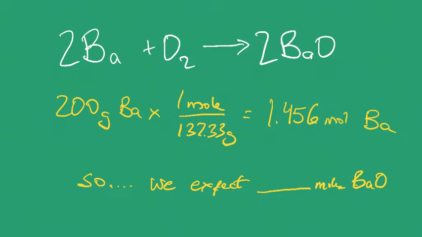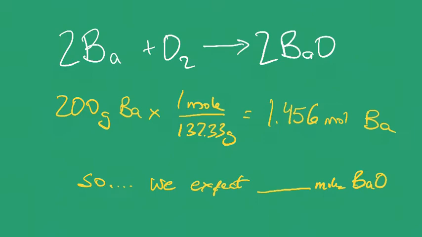If we take the 200 and divide by that, we end up with 1.456 moles of barium. Again, you should have done this on your own, and hopefully you came up with the same answer. If you're off by just a little bit in the last digit, that's fine.